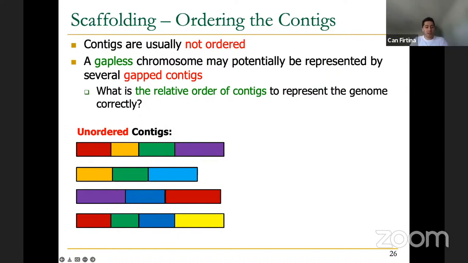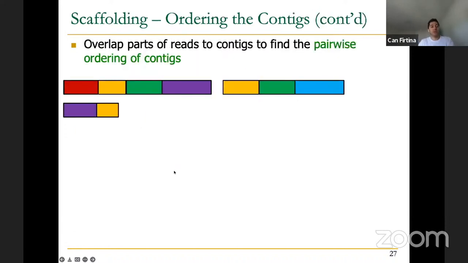Here you can see that these are unordered contigs, and we want to identify the order between them. What we do is that we overlap parts of reads to contigs to find the pairwise ordering of contigs. In this case, here we have these two contigs, right? We don't know the order between them yet.